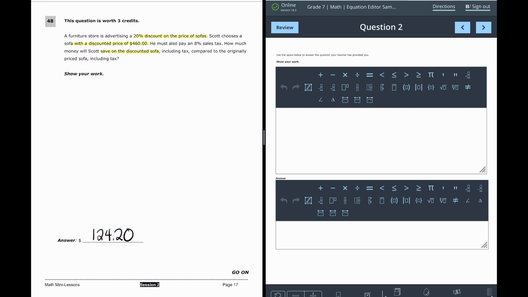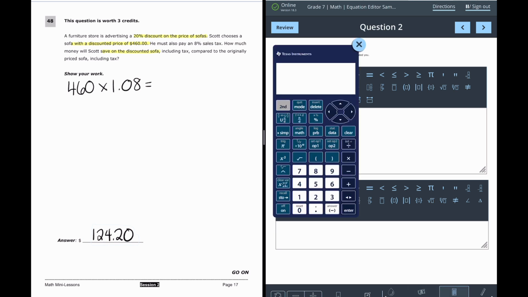Okay, so what do we already know? We know that the discounted price of the sofa plus tax is $460 times, now I'm going to add the 8% tax. So instead of 108%, I'm going to do this 1.08. So we're going to do that part. So what would that be? Let's get our calculator.